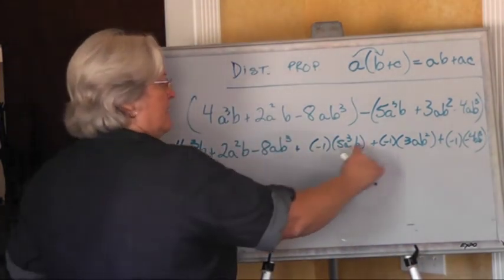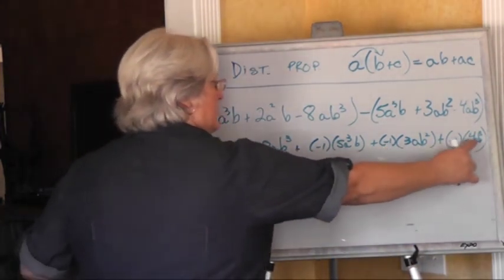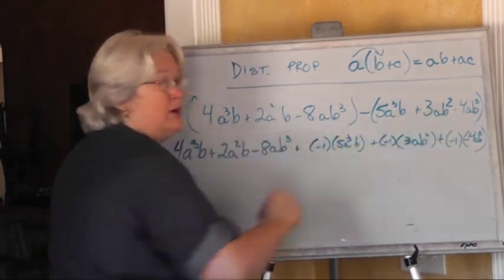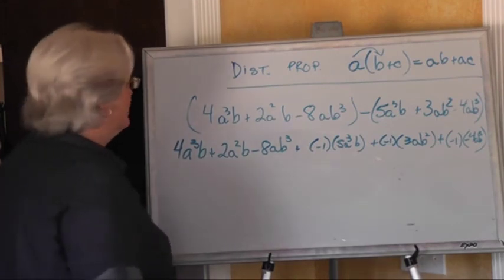You're distributing that negative. See, that negative has been used as a factor against each one of these three terms that are inside the parentheses.